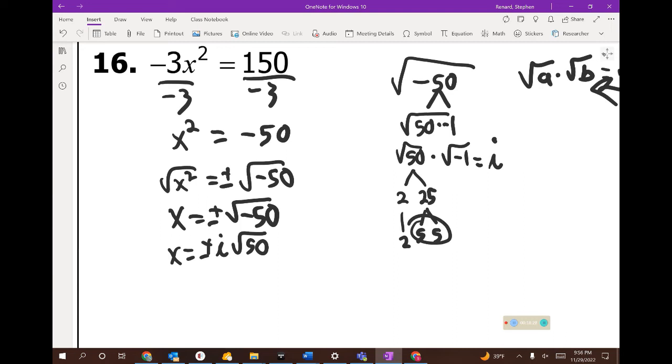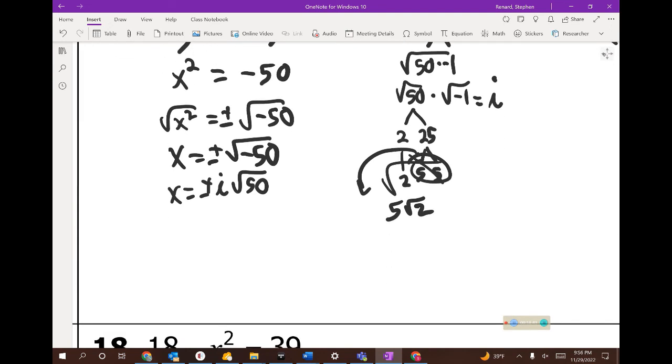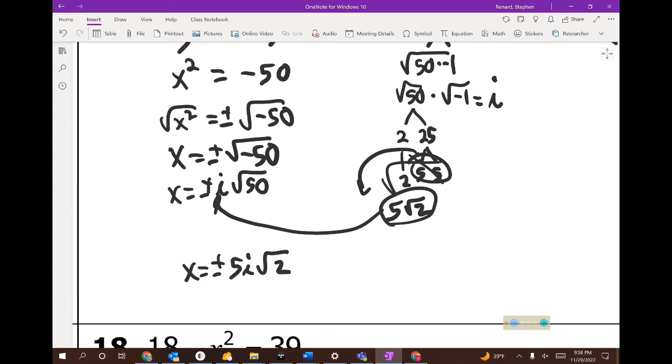These two 5s right here, because that's the square root of 2 times 5 times 5, because we have that buddy system going on, those pair of 5s, we're going to move out, and that gives us 5 radical 2. So we're going to take this part right here and join it up with that i we already have. So this is going to give us x equals plus or minus 5i times the square root of 2.